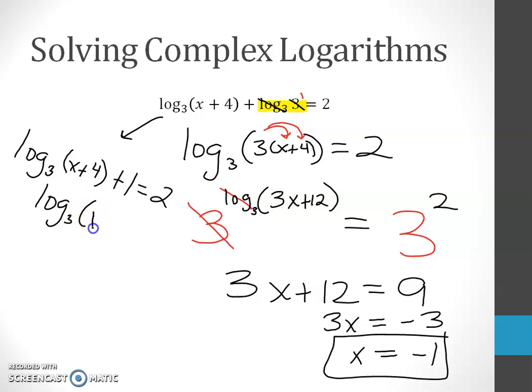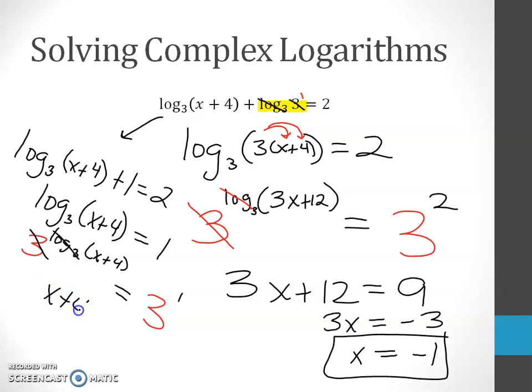Log base 3 of x plus 4, subtract our 1 over, equals 1. Then I would be exponentiating. So 3 to the log base 3 of x plus 4 equals 3 to the first power. Those all cancel. I get x plus 4 equals 3. Subtract 4 from both sides. I get x equals negative 1.